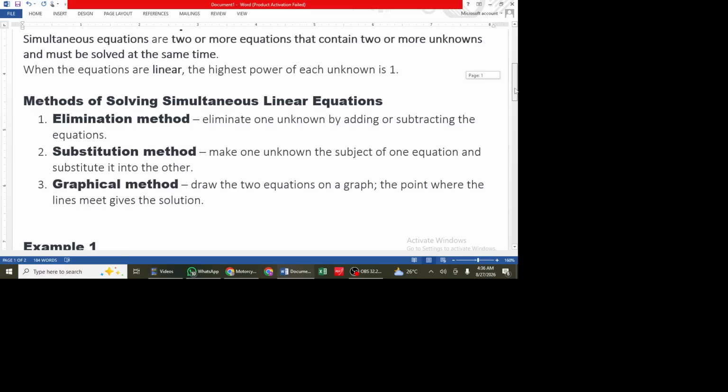The elimination method is a method of solving simultaneous linear equations by eliminating one of the unknowns, either by addition or by subtraction, while the substitution method is making one of the unknowns the subject of the formula.